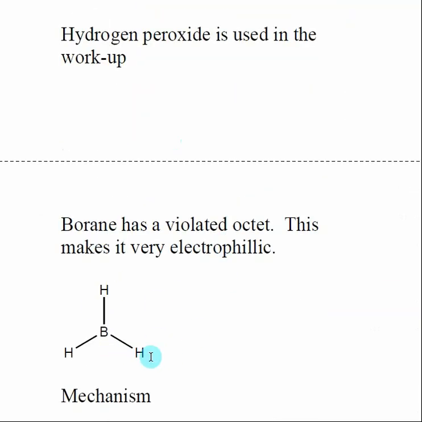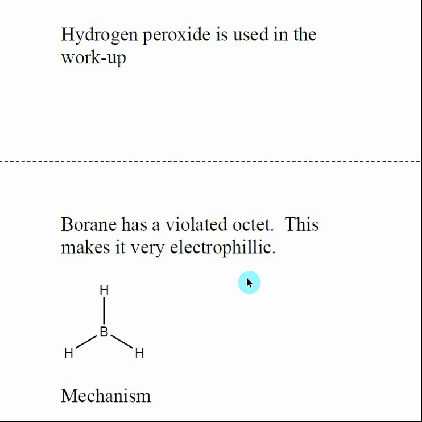And BH3 is sort of an interesting molecule in that it's one of the few species on the top of the p orbital row that can have a violated octet. So when we talk about oxygen, nitrogen, carbon, remember we made a big deal of saying that when they have a violated octet, they're very unstable and they won't stay around.